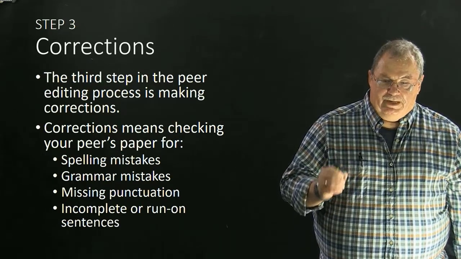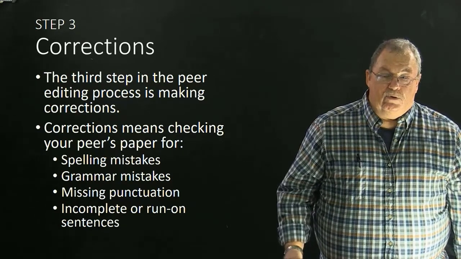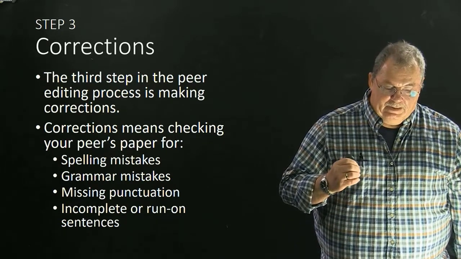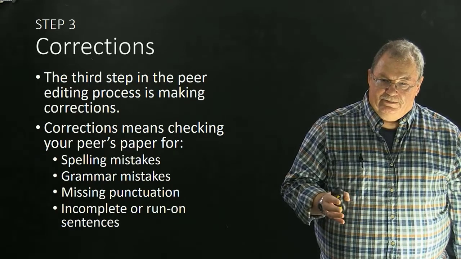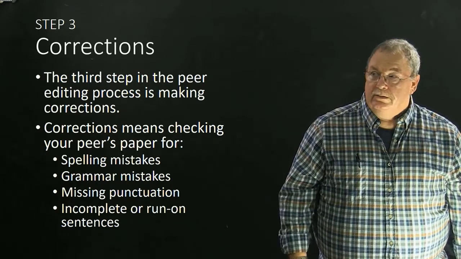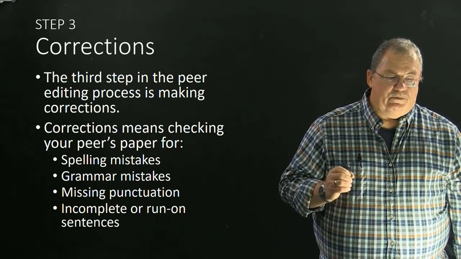Make sure you identify every grammar error you see. Even if you think it's wrong, make a statement that you think it needs a comma or it doesn't need a comma or semicolon. And then the author is going to have to determine if you're right or wrong.